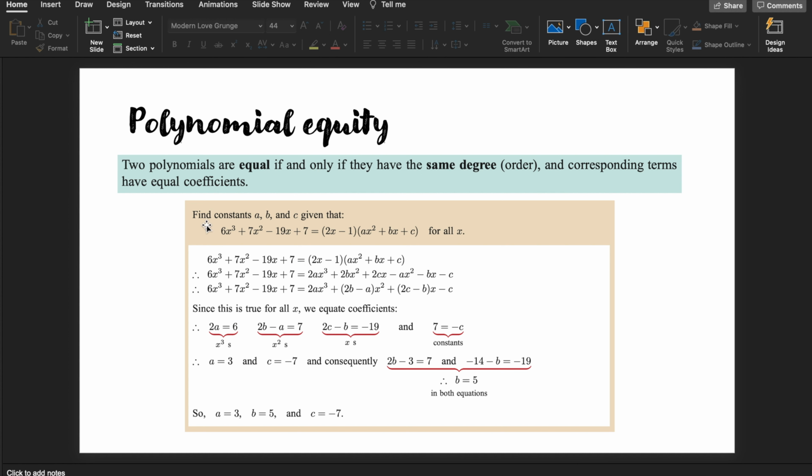So we have this statement. Find constants a, b, and c given that this polynomial is equal to this for all values of x. So our first step would be to expand this.